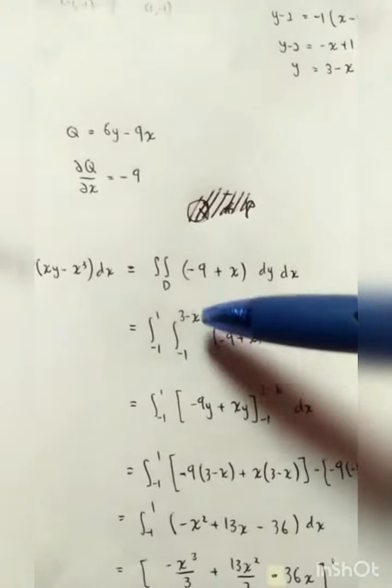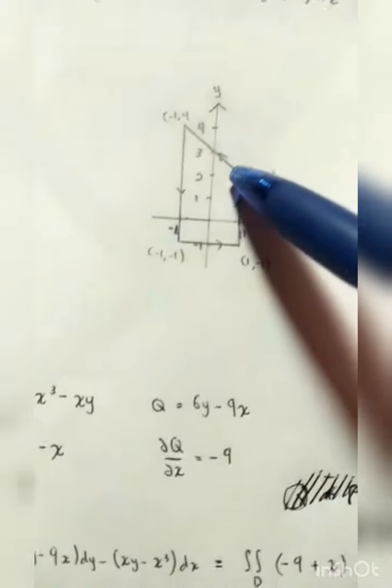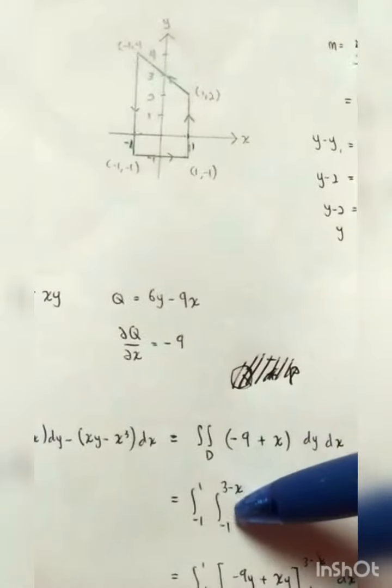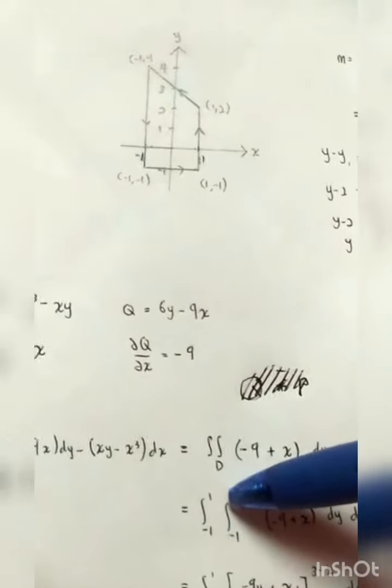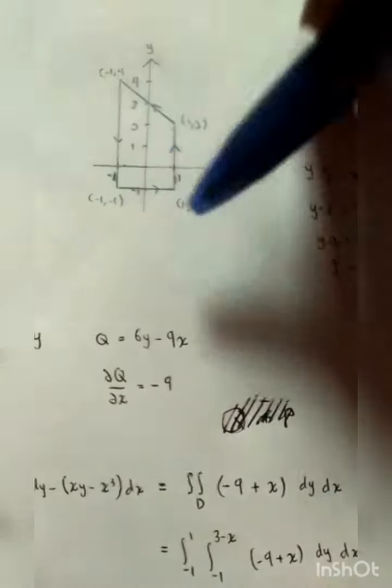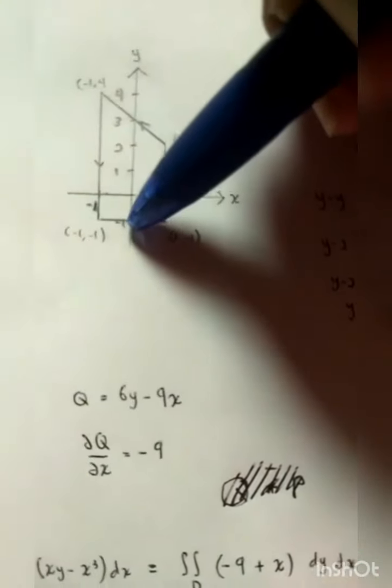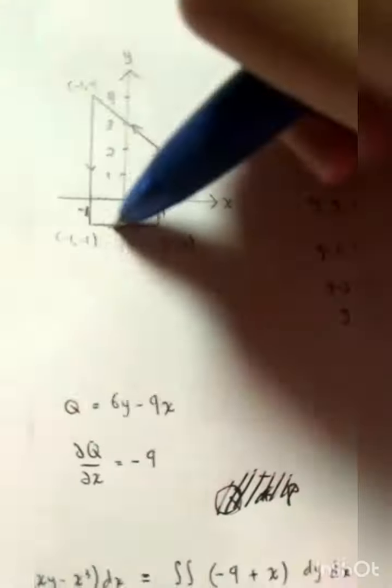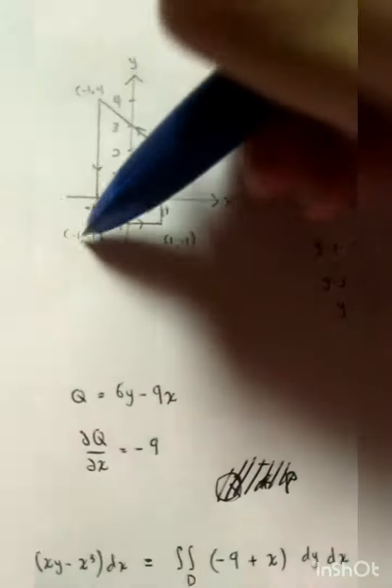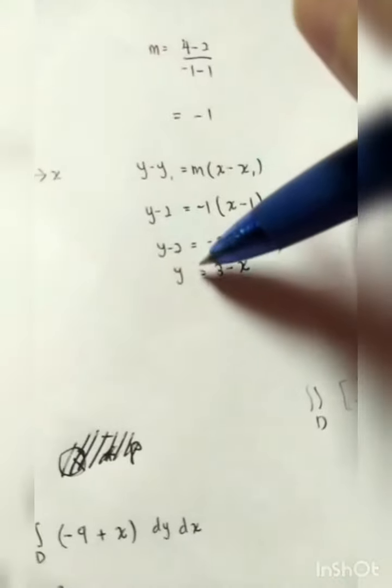So where do we get this value? It's from this diagram. So if you look at this, negative 1, 3 minus x. Since we choose dy first, we look at y, which is negative 1 for this one, and for this one it is y equals 3 minus x.